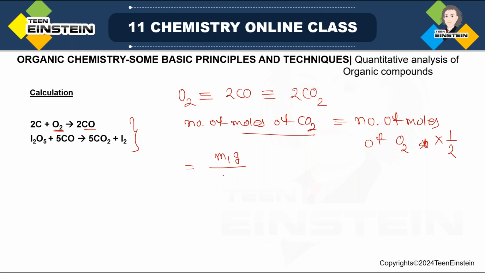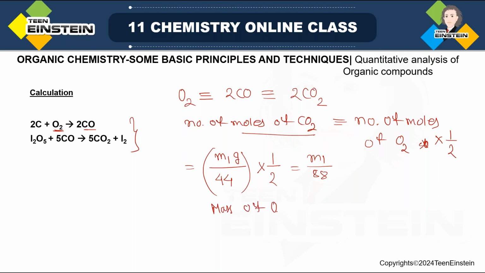So the number of moles of CO2 is m1 divided by 44. Multiplying it by half, because the number of moles of O2 should be multiplied by half, you get m1 divided by 88.